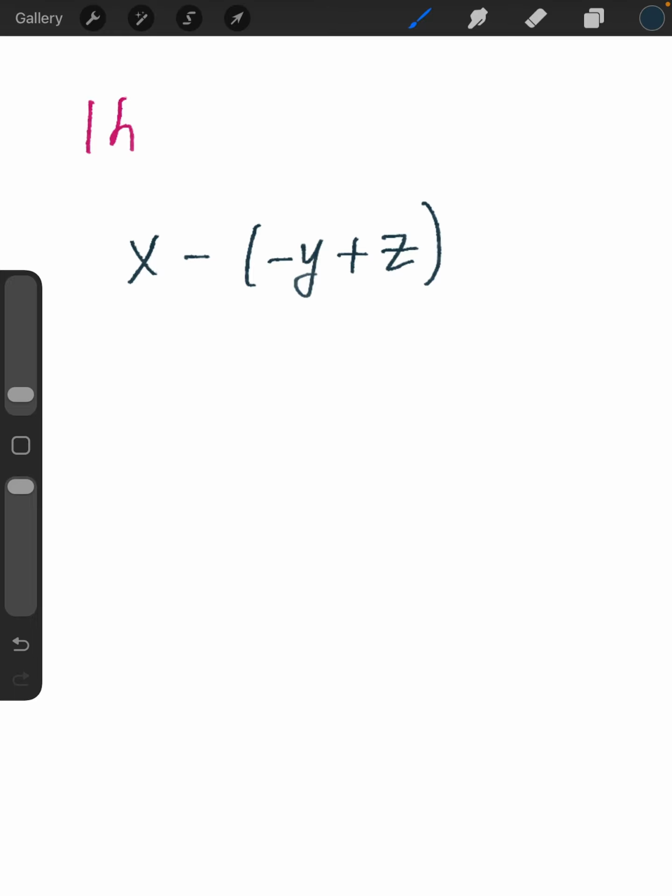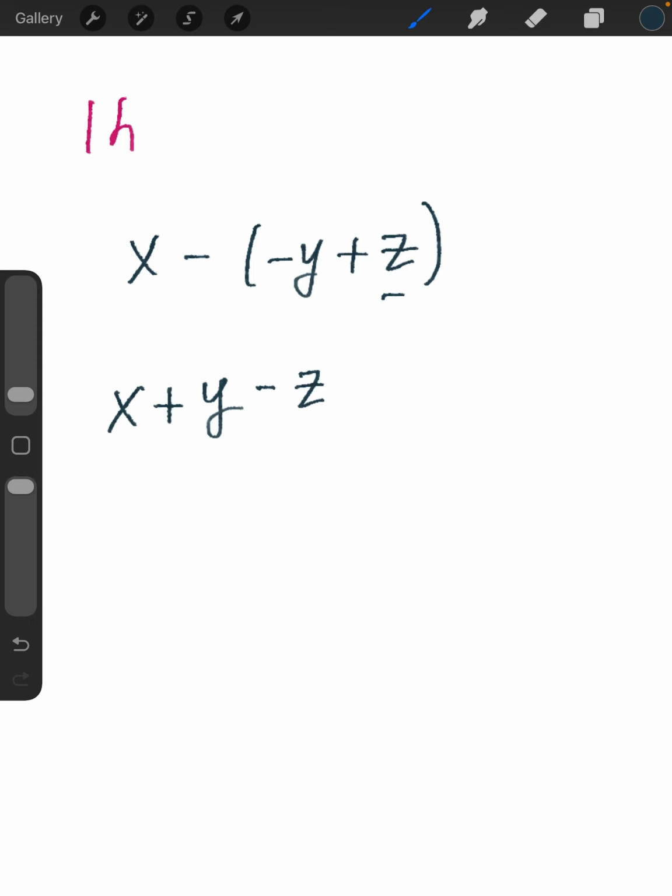So whenever we have a minus sign in front of the parentheses, we're going to change the signs of the variables inside the parentheses, right? So we've got x, now x minus y, and then we're changing the z, minus z.